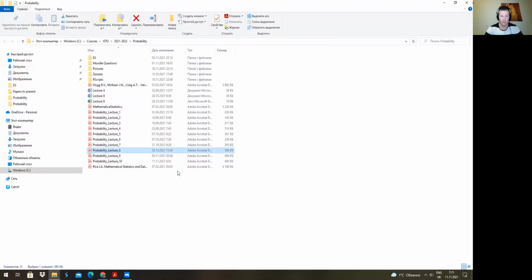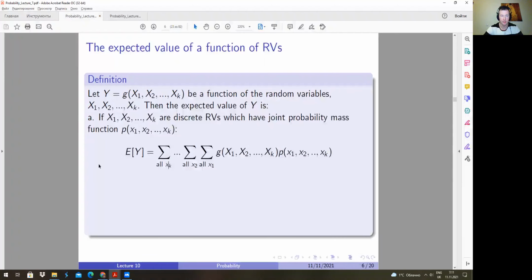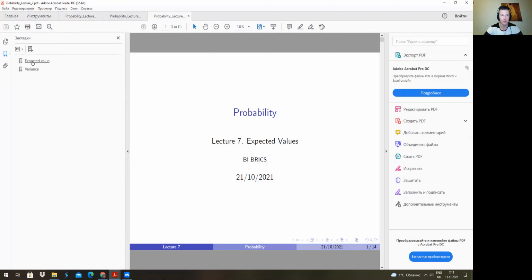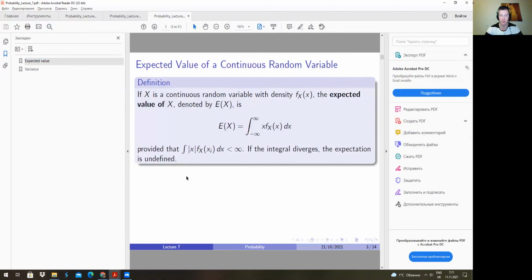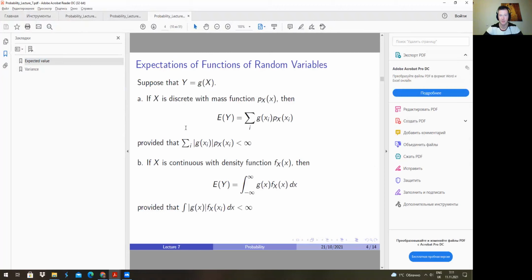Let me remind you from lecture number 7, we used something similar for the univariate case. It was here. Look, we had y as the function of one random variable, and then we summed over all values of this x, when the function evaluated at these values has been multiplied by the probability mass function, or in case of the continuous variable, we integrate over them.